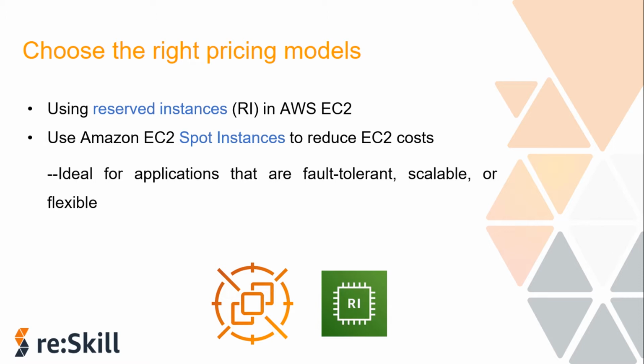So keep in mind, they are not for critical workloads but for an immediate requirement for a large capacity of EC2 instances, which is not very critical and is just a temporary requirement. We can very well go for spot instances.